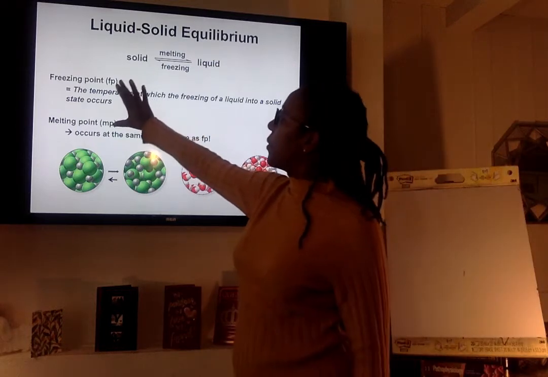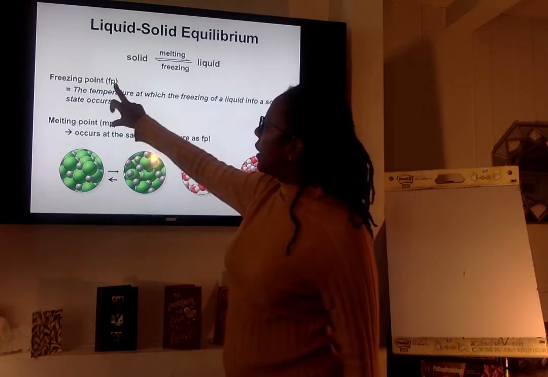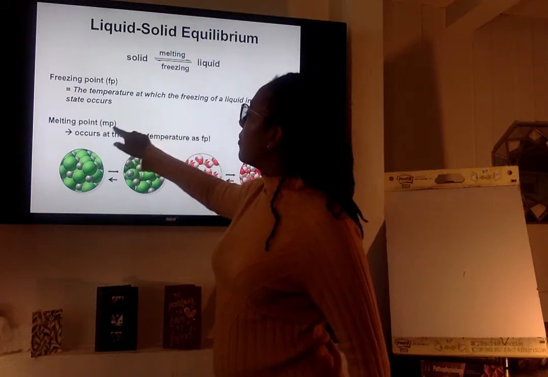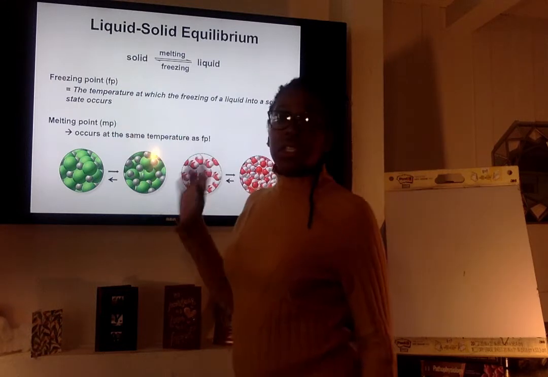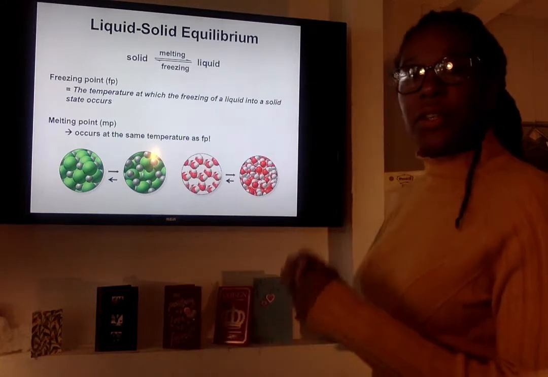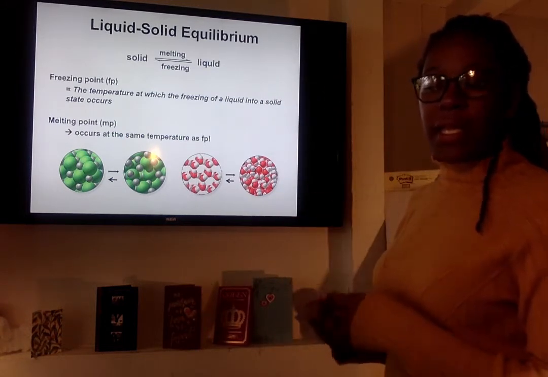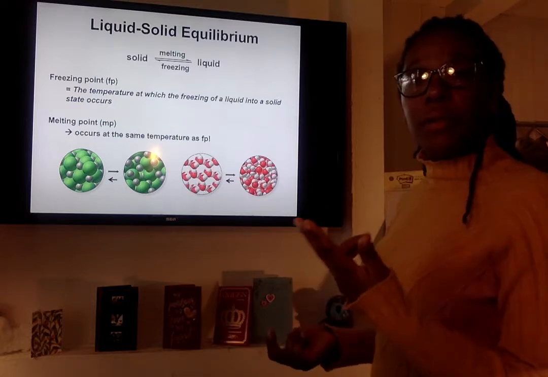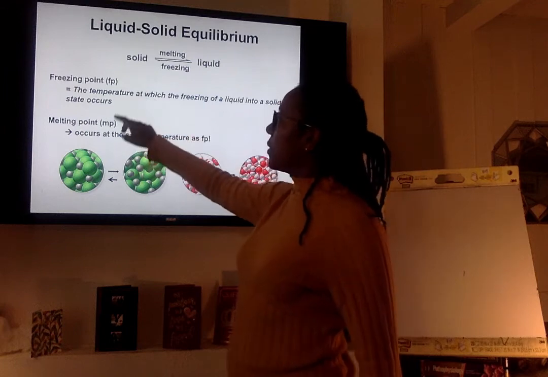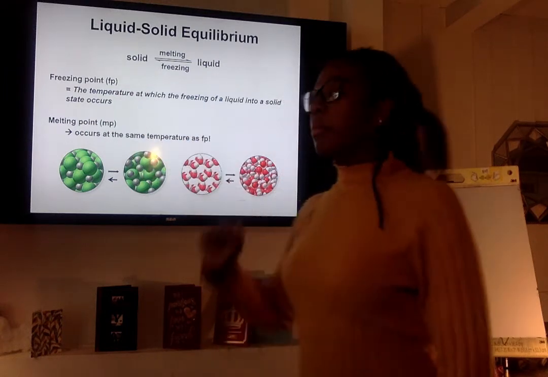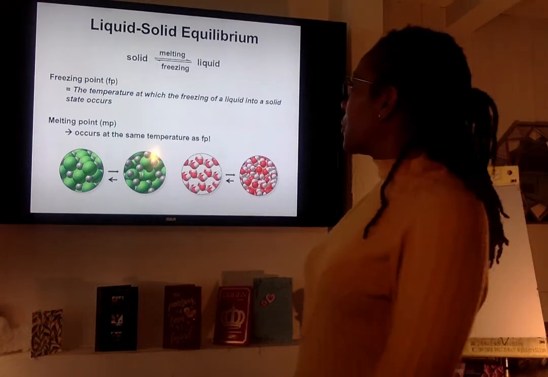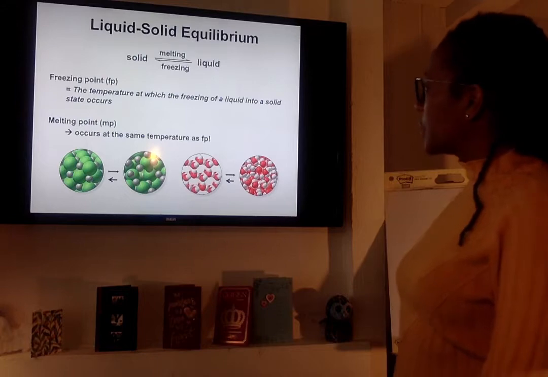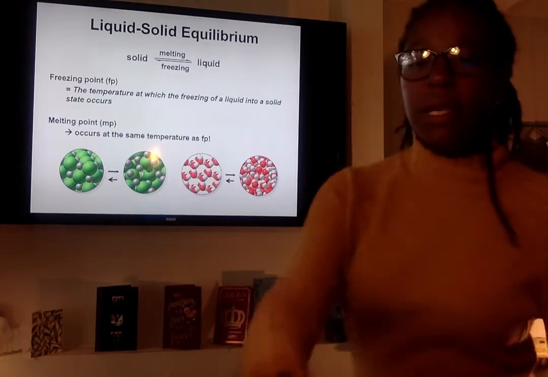These are going to be important abbreviations to know, because when we'll be writing problems, it'll say freezing point or melting point. FP is freezing point and MP is melting point. So freezing point is the temperature at which the freezing of a liquid into a solid state occurs, which basically makes sense.